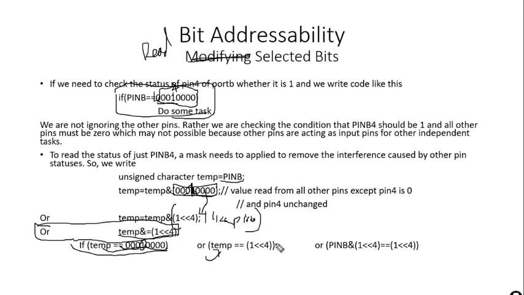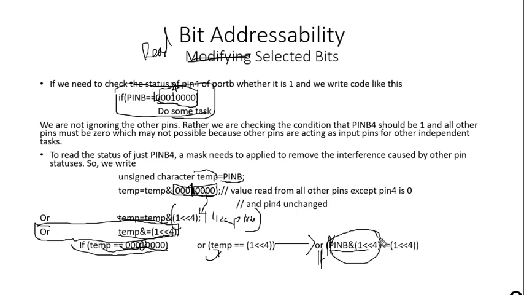And here also the shortest and precise version is, instead of using the temp variable, you can directly write PINB AND the expression, where earlier you first declared a variable and then performed the operation with the variable. You can directly write it in the if statement: if PINB AND 1 left shifted 4 times.